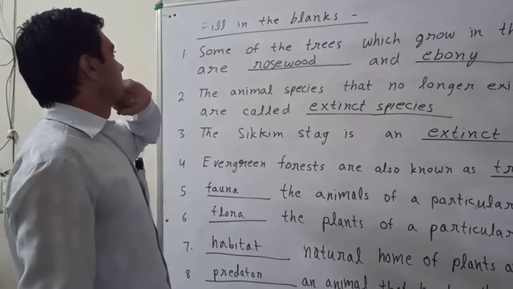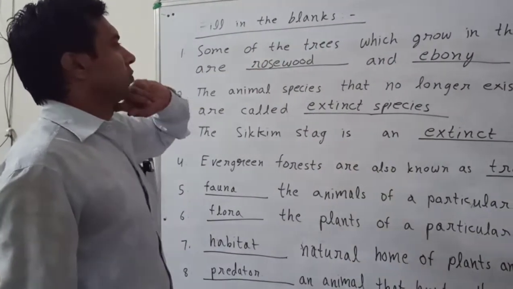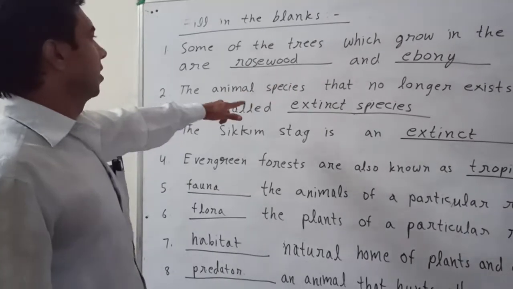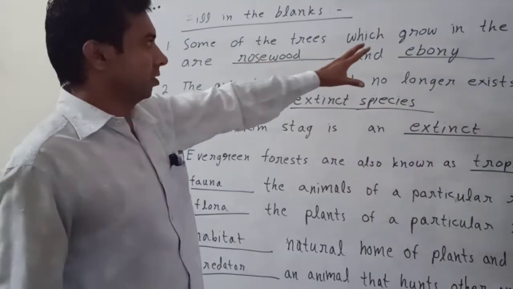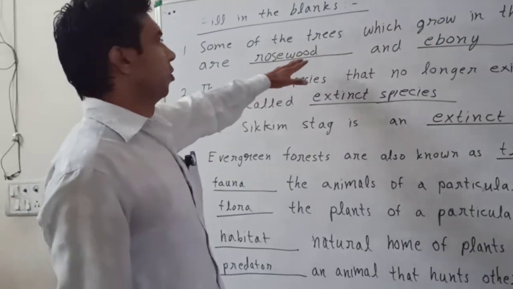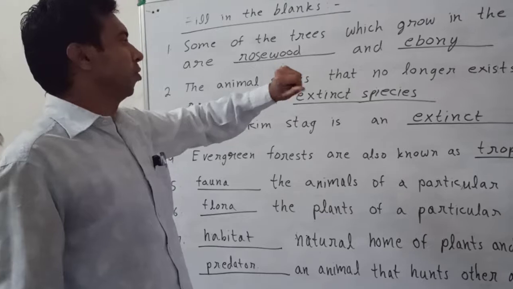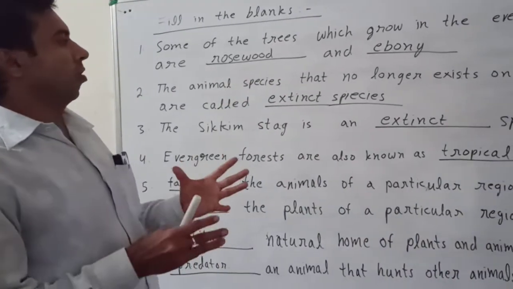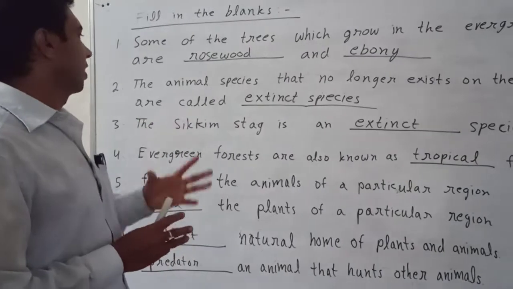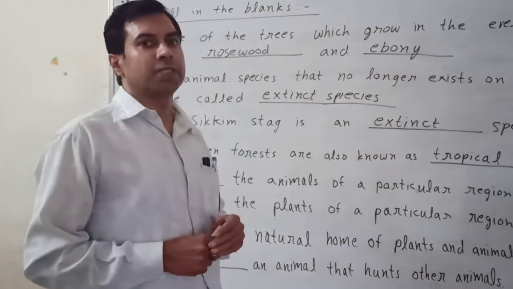Now fill in the blanks. Some of the trees which grow in the evergreen forest are rosewood and ebony. The animal species that no longer exist on the earth are called extinct species.